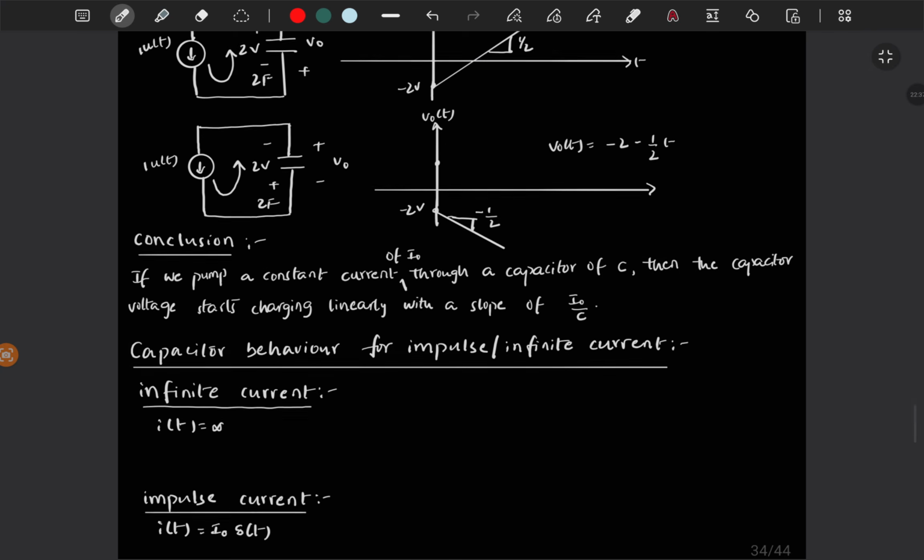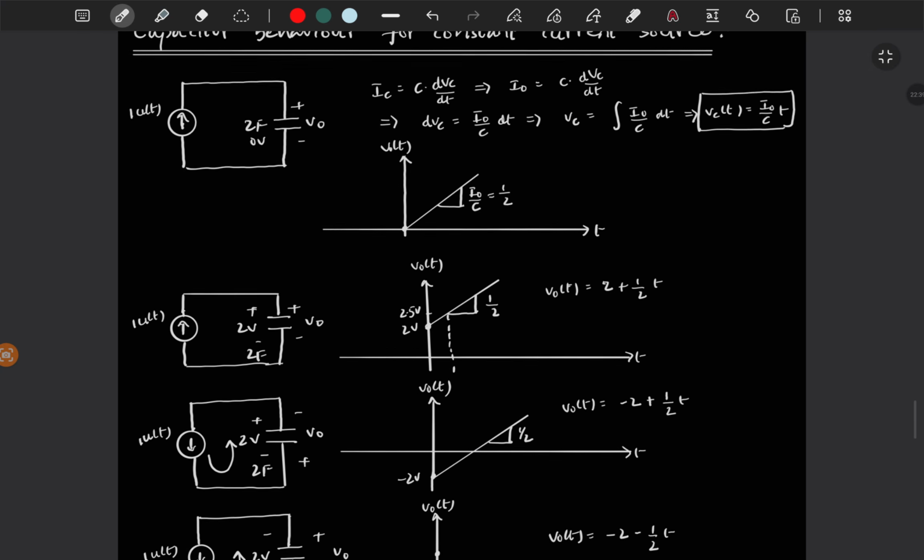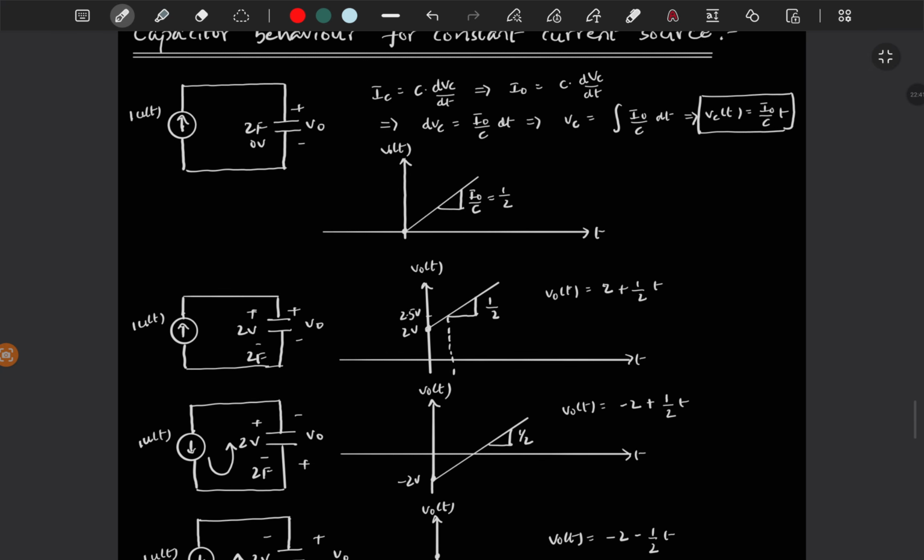And if you find the time constant of the circuit, so this is also a first order circuit, right? No, but we will discuss that later. To find the time constant of the circuit, you have to open circuit the current source, right?